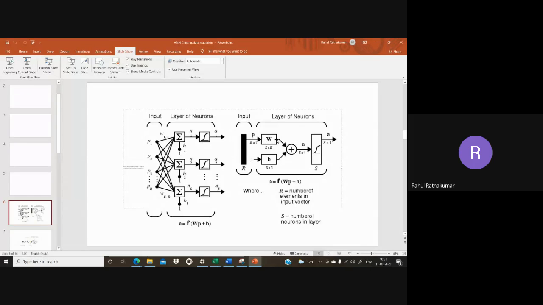P is the parameters and B is the biases, then there is the summing unit, then the activation function, and the output is obtained. Okay, so let's see overall how this is working.